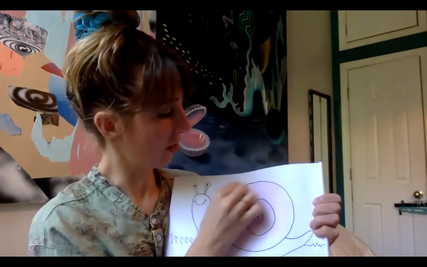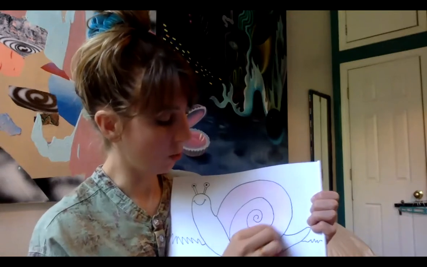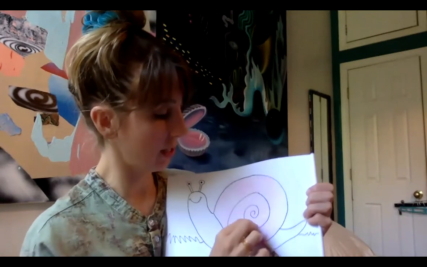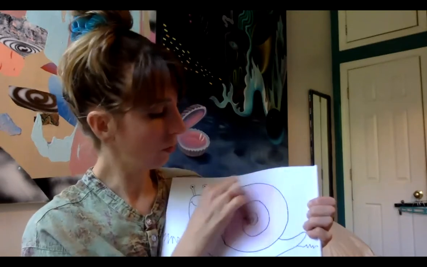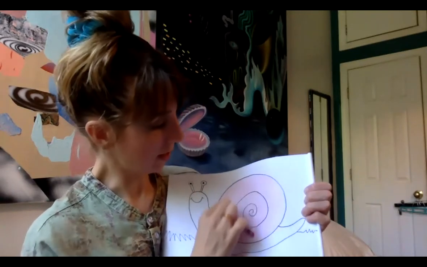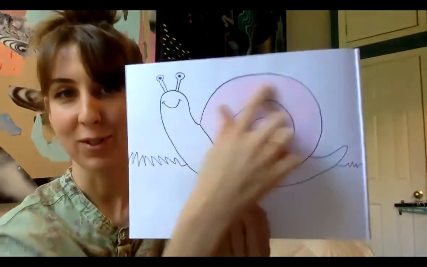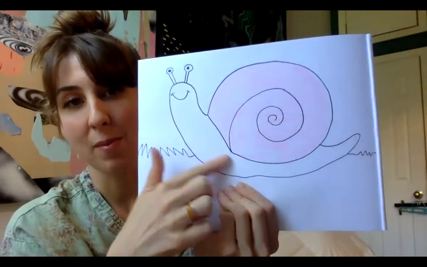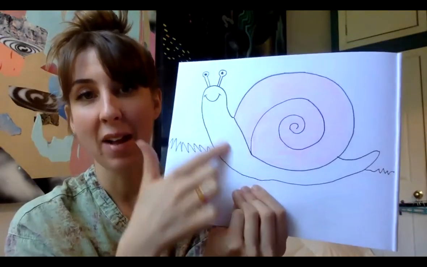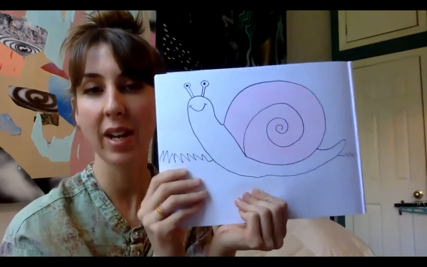Now I'm just coloring this one solid color, but it looks really nice when you add different colors, like in that photo that I showed you, right? I'm only doing this because I don't want this video to be an hour long, that's why I'm just coloring it one color. Then I'm going to maybe make my snail body a different color, and then I'm going to add some colors around the outside.